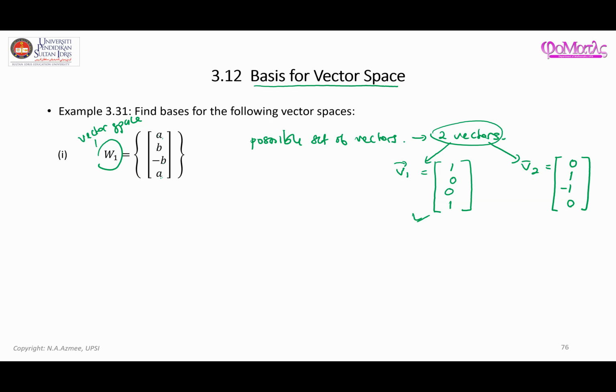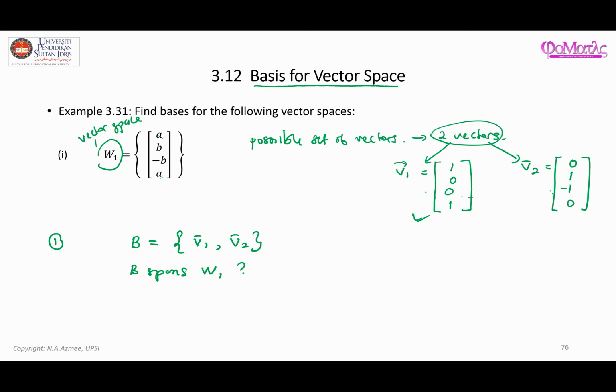Now, in order to be a basis, again, we need to check the 2 conditions. The first condition is: does this set, which I'm going to call B, the set of vector 1 and vector 2 given by these 2 items here, span W1, the vector space?